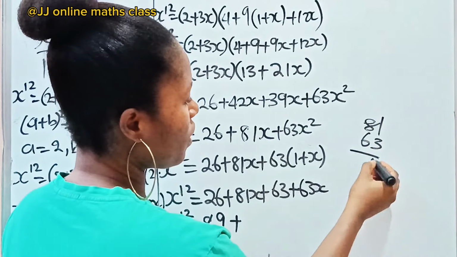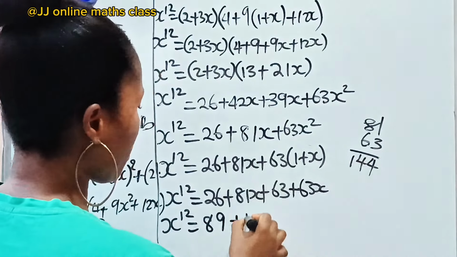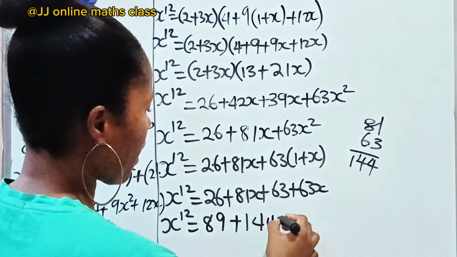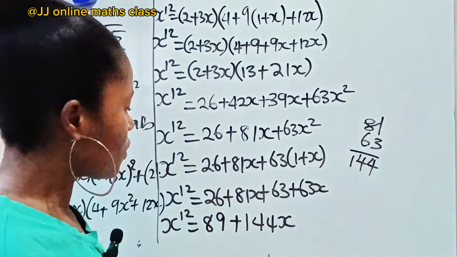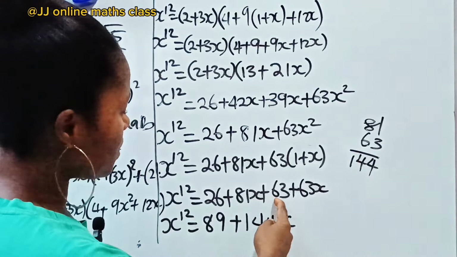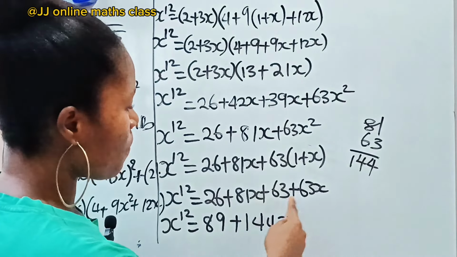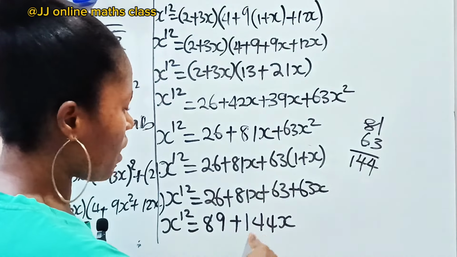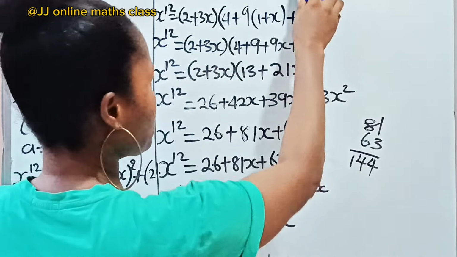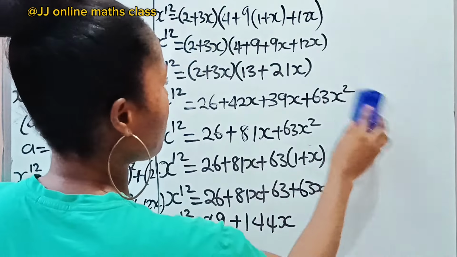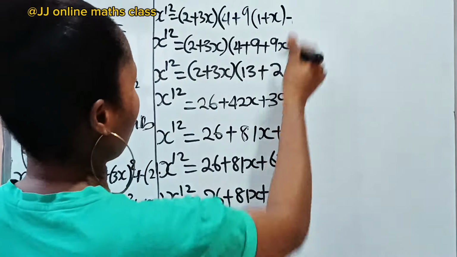Now 1 plus 3 will give us 4, 8 plus 6 will give us 14. So we have 144x. Recall what we did there. We did collection of like terms, okay? So 26 plus 63 is 89, while 81x plus 63x is 144x. All right, now permit me to clean this so that I will have enough space to work with.